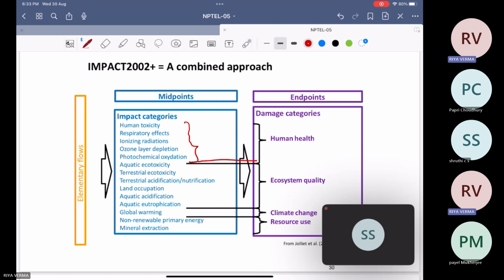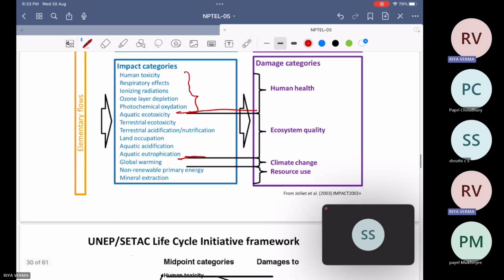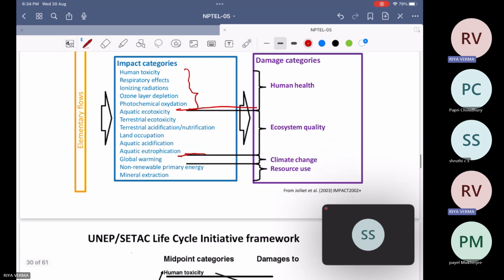After that, aquatic ecotoxicity, terrestrial ecotoxicity, terrestrial acidification, land occupation, aquatic acidification, and aquatic eutrophication all come under ecosystem quality, damage to ecosystem quality. These are the endpoints, different types of damage categories. Then global warming comes under climate change, and non-renewable primary energy or mineral extraction comes into resource use. So these are the different endpoints.